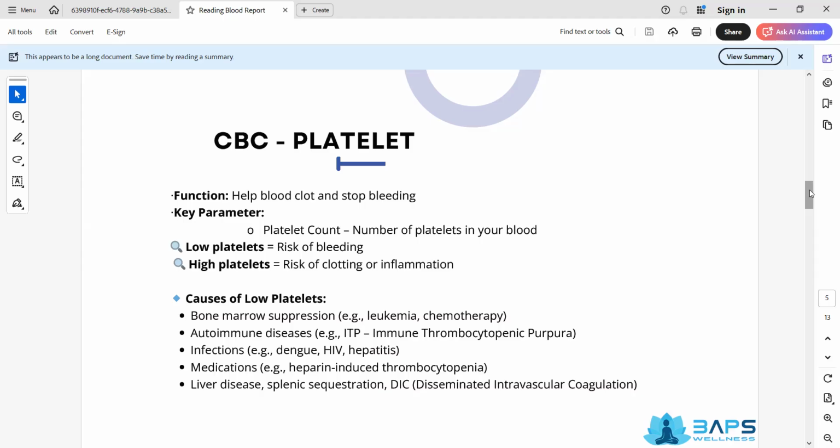Thank you. Welcome. So the third component in the blood is platelet. Platelet is mainly involved in blood clotting.